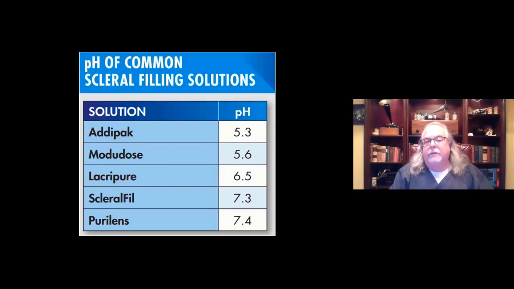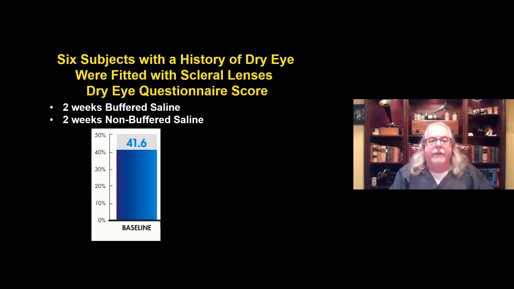And when we went to a buffered saline solution in the back of the lens, we noticed a rather significant improvement in their comfort. So here is a study we performed at Pacific. It's just a pilot study, but it gave us some pretty good information.